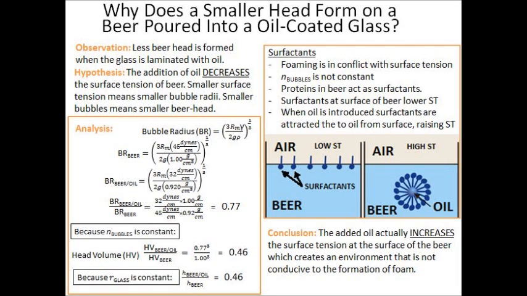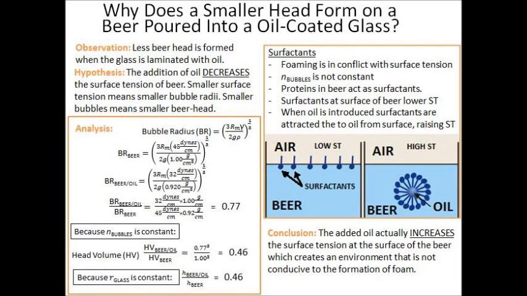Now this was a good attempt, but it didn't actually justify what happened in our experiment. After more research, we found that lower surface tension is actually conducive to more foam formation. So the number of bubbles is not going to be constant.